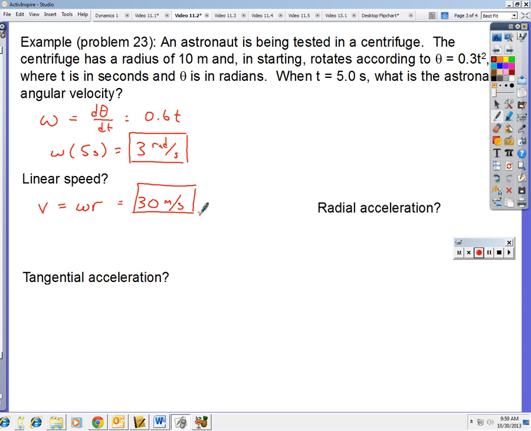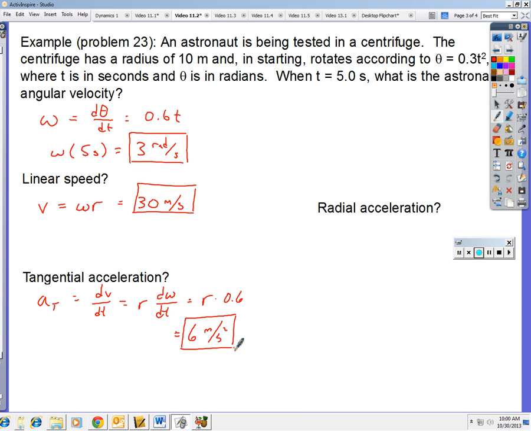Now, to get tangential acceleration, that's going to be the rate of change of the linear speed, which is in turn going to be r times d omega dt. Now, omega is 0.6t, so that equals r times 0.6, and that equals 6 meters per second squared.